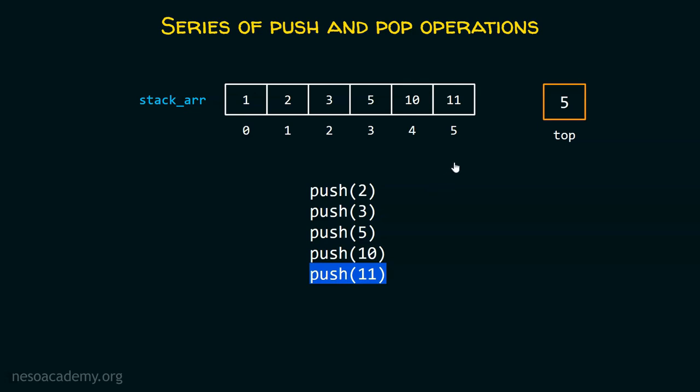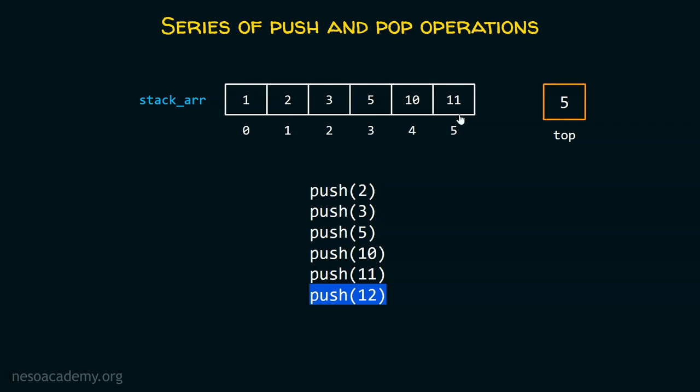Okay, the stack is full now because we can see the capacity of the stack. It can store at most 6 elements, right? Now we are interested in pushing this element 12. Obviously first top has to be incremented and then we can push this element inside the stack. But wait, the capacity of the stack is 6. It cannot hold more than 6 elements.